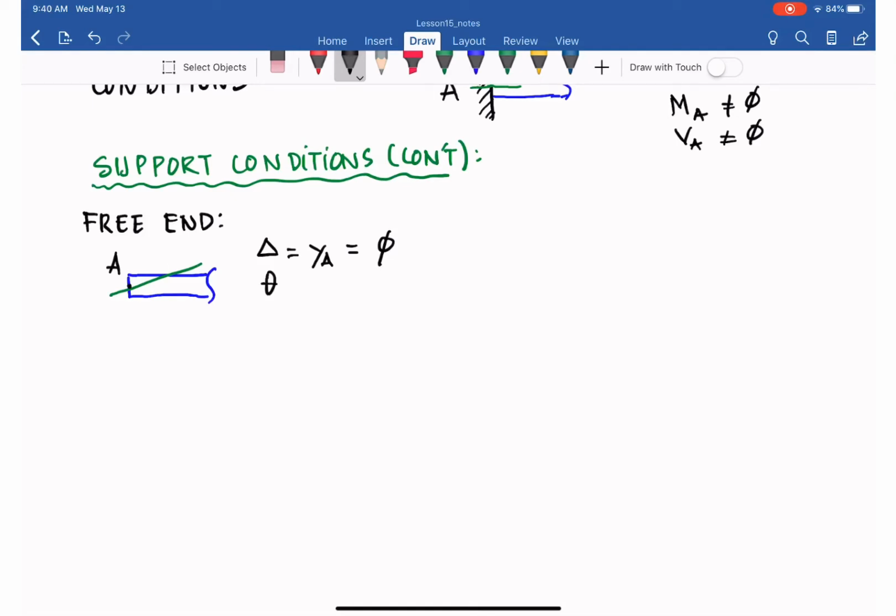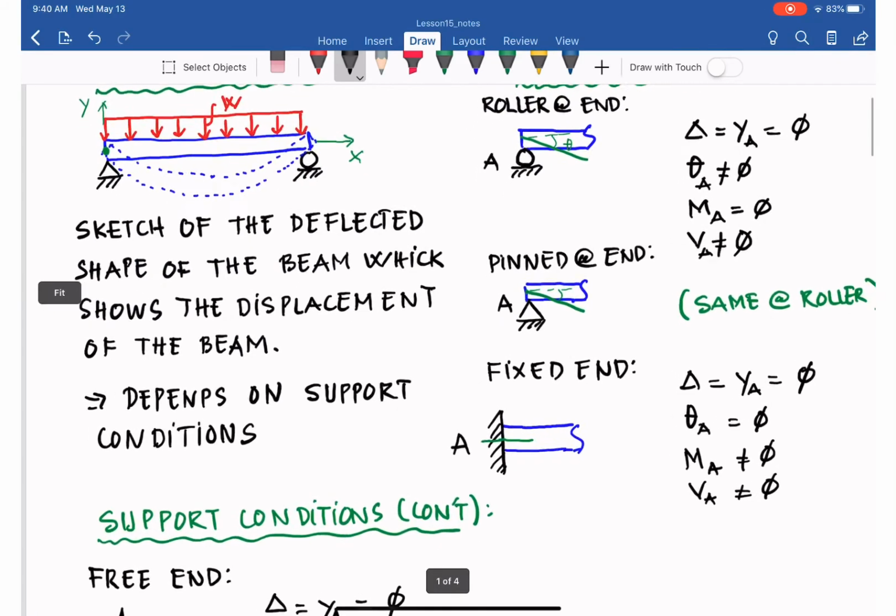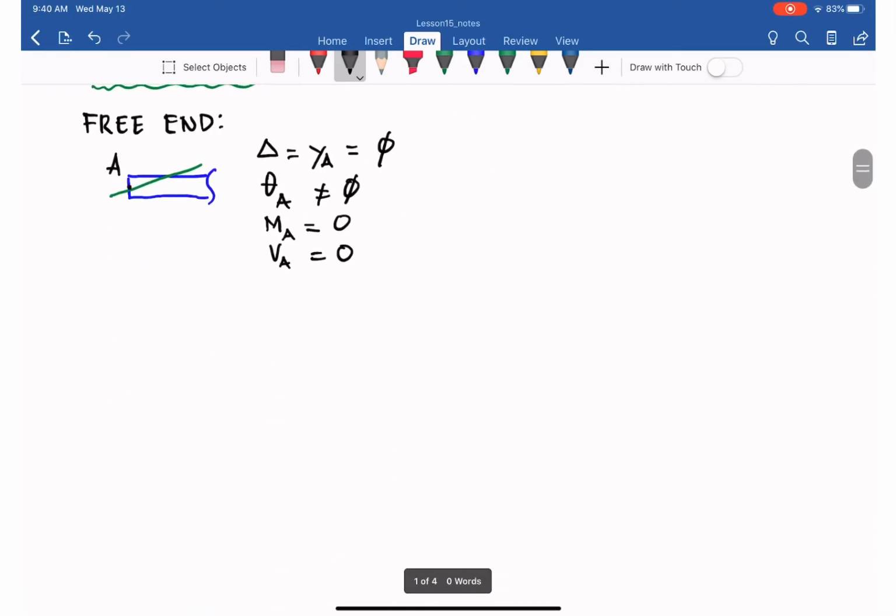And theta A also non-zero. And for free, if no couple is applied, then the moment will be 0, and the reaction VA equals 0 if no load is applied on that point.